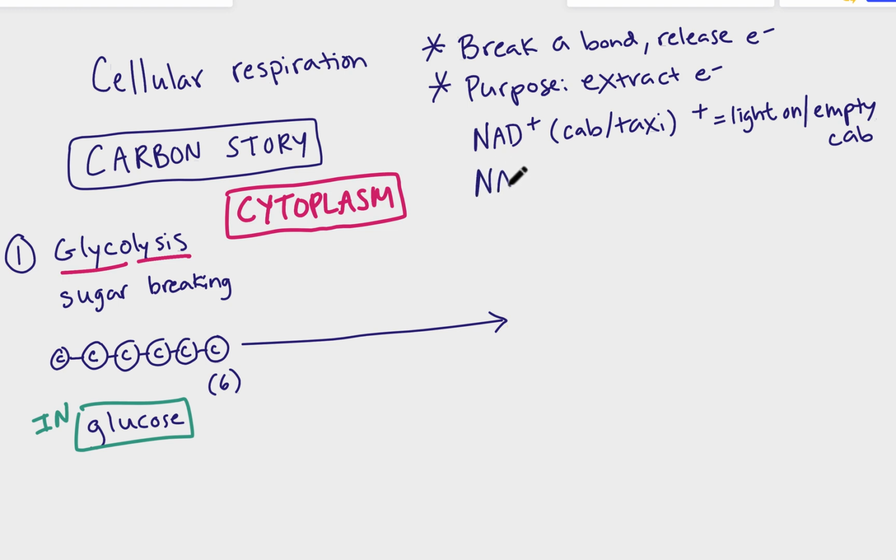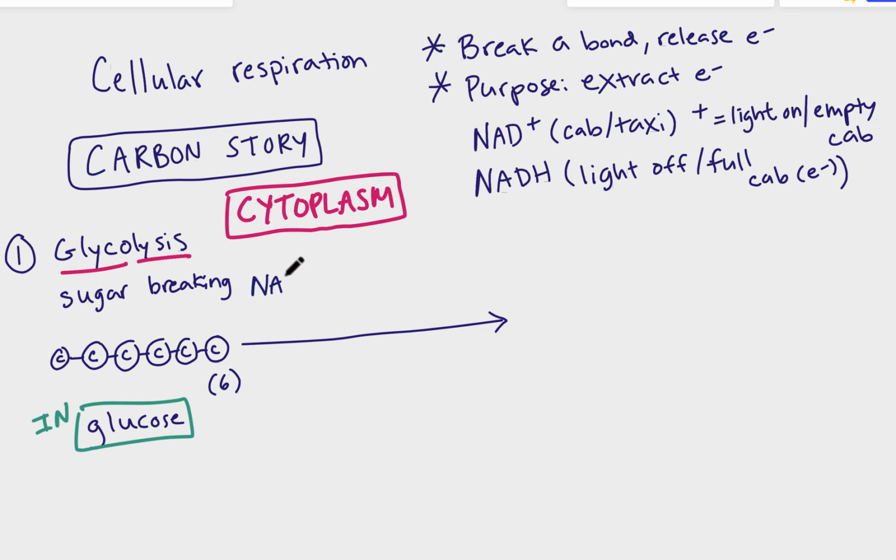When it has electrons and picks them up, its passengers make it into NADH. So now this is the form where the light is off. You see there's no more plus. And that is indicating that it's a full cab, as in the electrons are in it now. So who comes in?